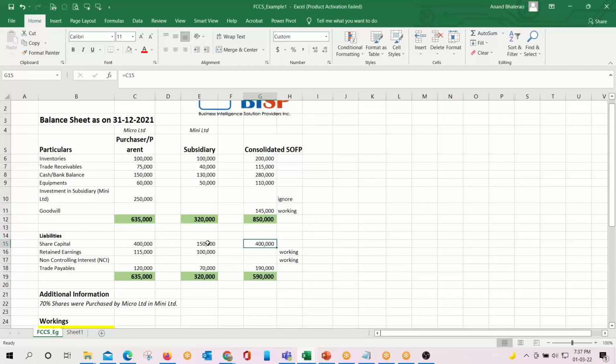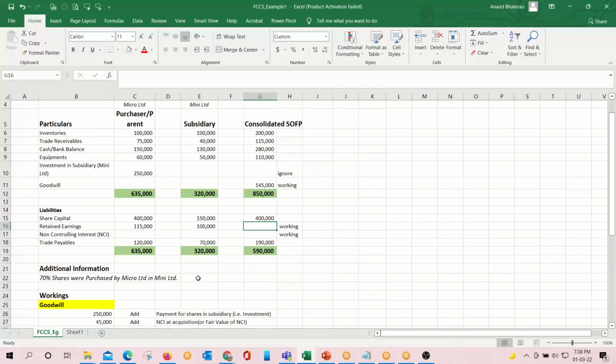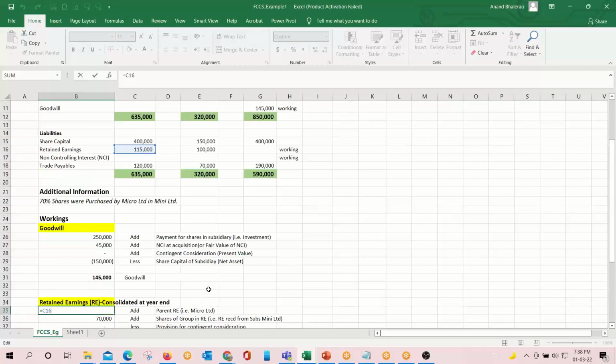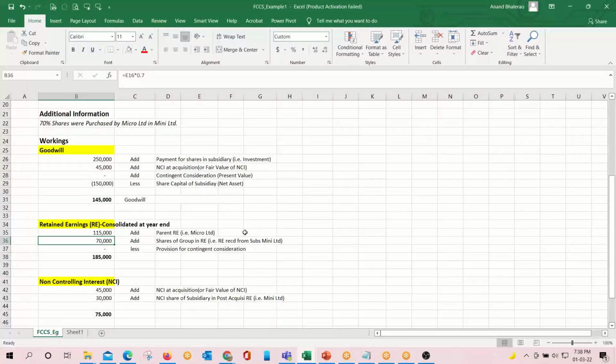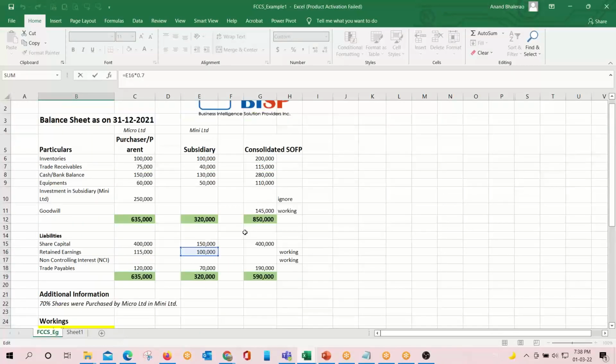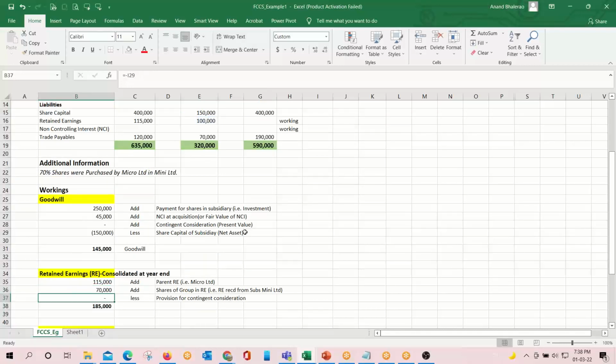Share capital: since we have acquired 70%, we will ignore this 1,50,000, and in consolidation we consider only the share capital of the purchaser or the parent. So we will take it here as 4 lakh. Retained earnings, we will do the working here. This is the earning of the parent company, and we will take the 70% share of the retained earnings of Mini Limited, the subsidiary, because we have a 70% stake in it.